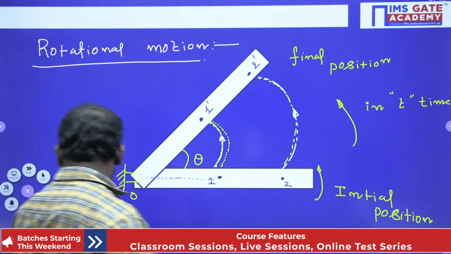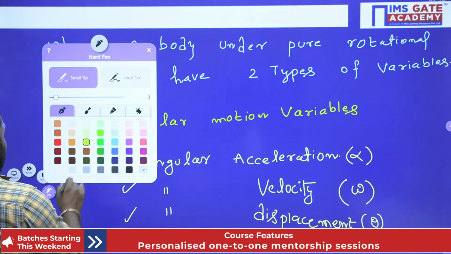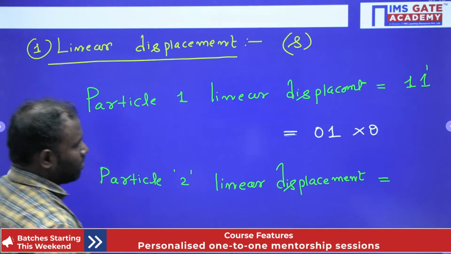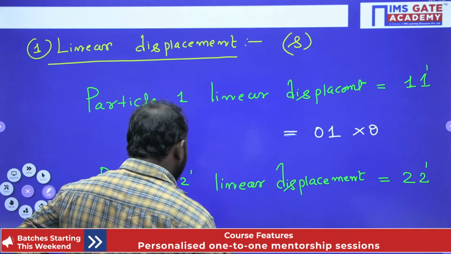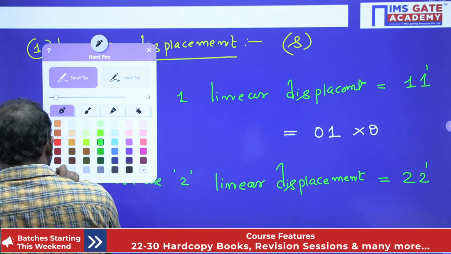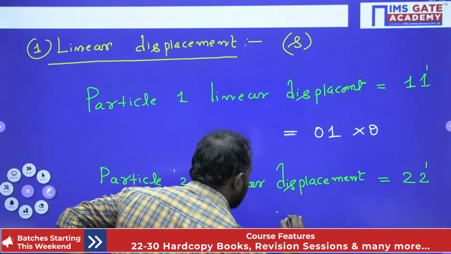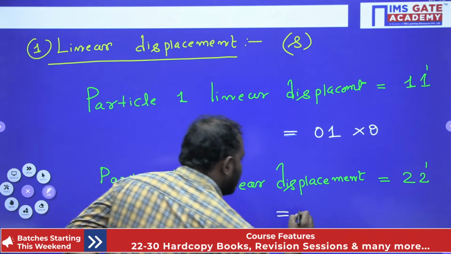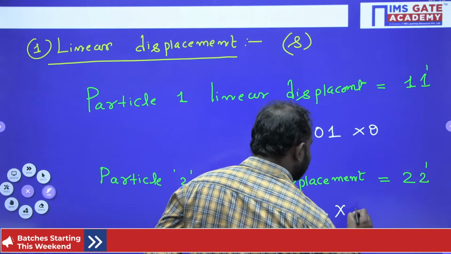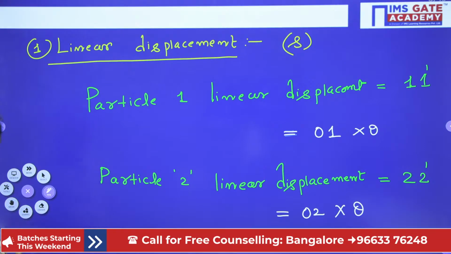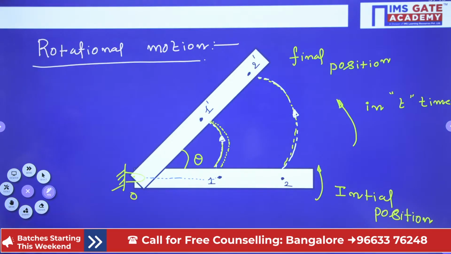Now let us write that. It is going to be 2 2 dash. Can I write my 2 2 dash is equal to the 0 to 2 distance into theta, right? Now let us see where my 0 to 2 distance is.